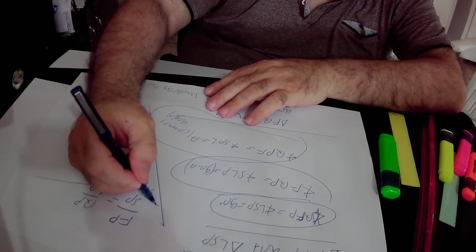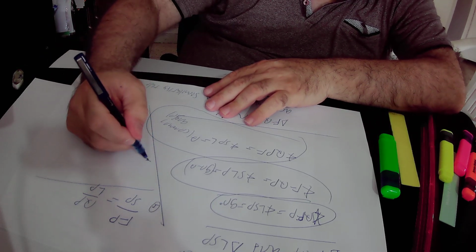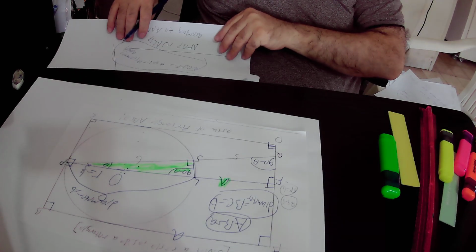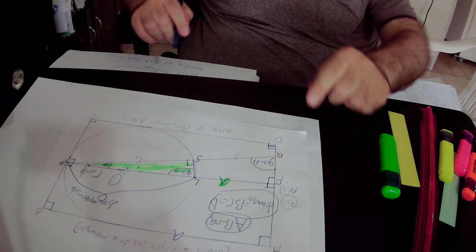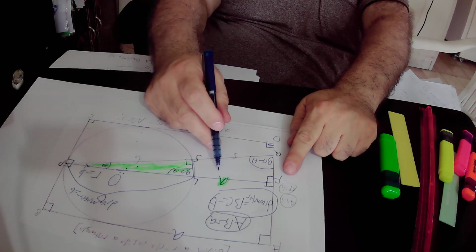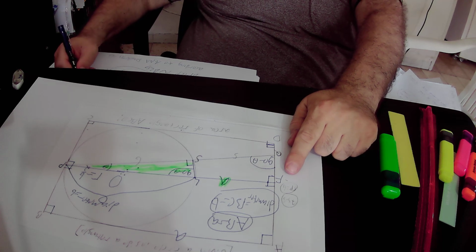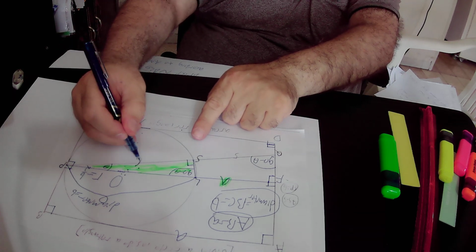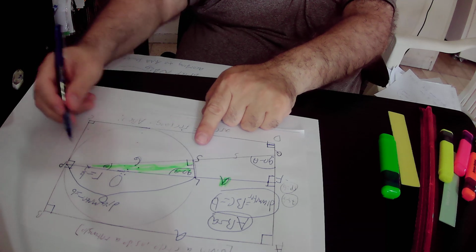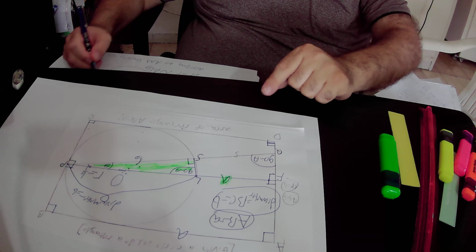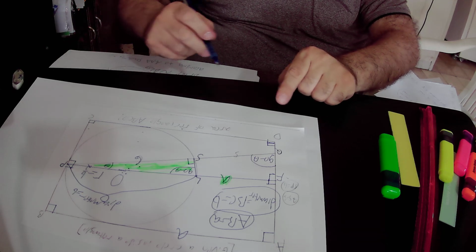So here we have FP equals A, according to what we have already found out, over SP. SP equals 6 units, so we substitute SP by 6, and it is equal to QP.